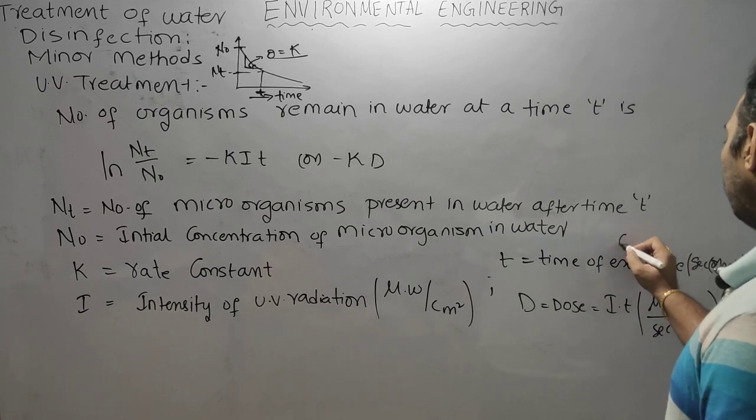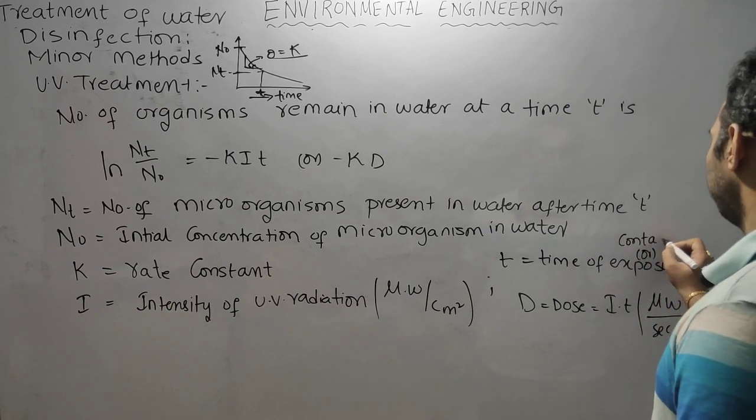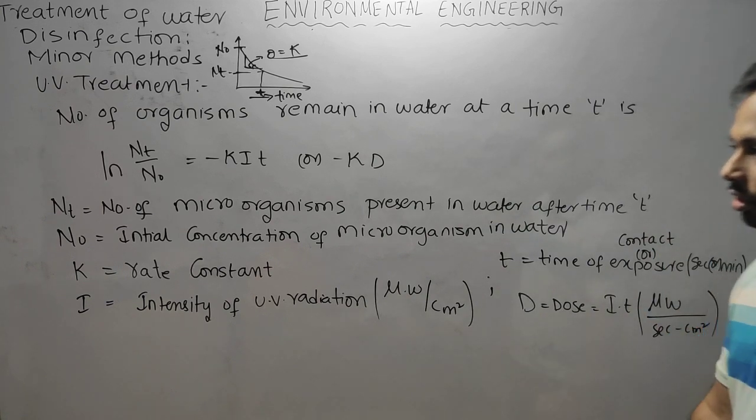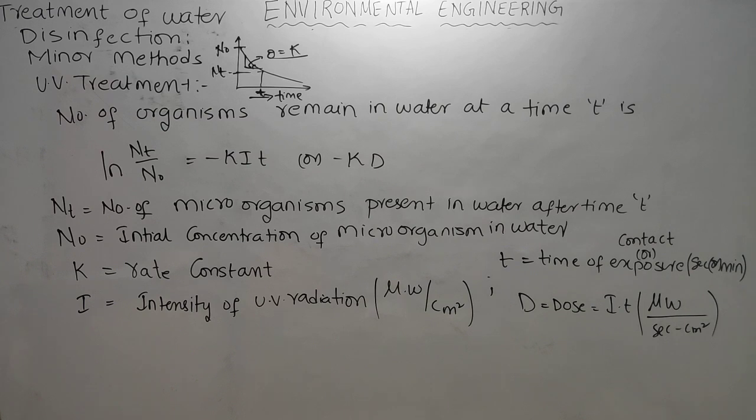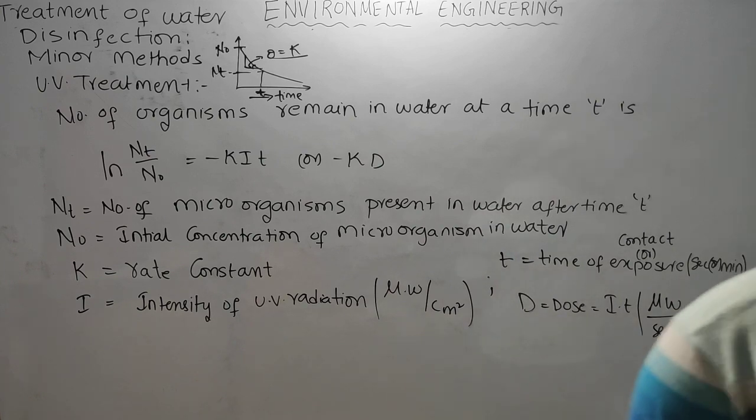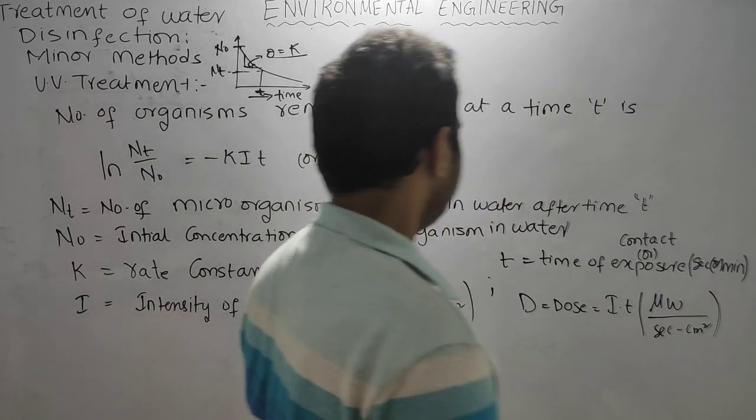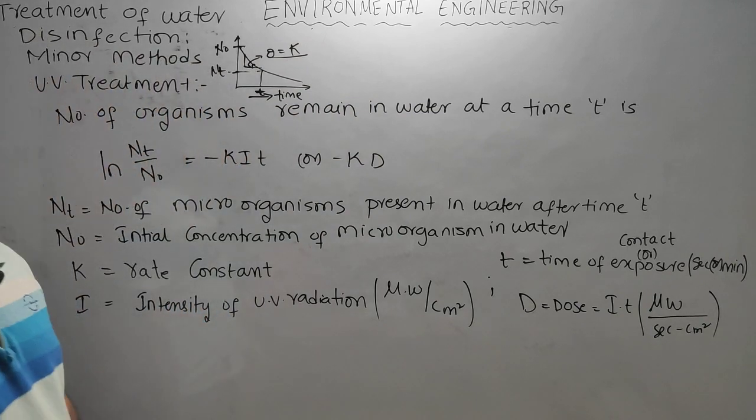Likewise we can find the number of microorganisms present inside the water after a contact time of t with a UV radiation intensity of I, easily. Okay, so this is all about UV radiation.